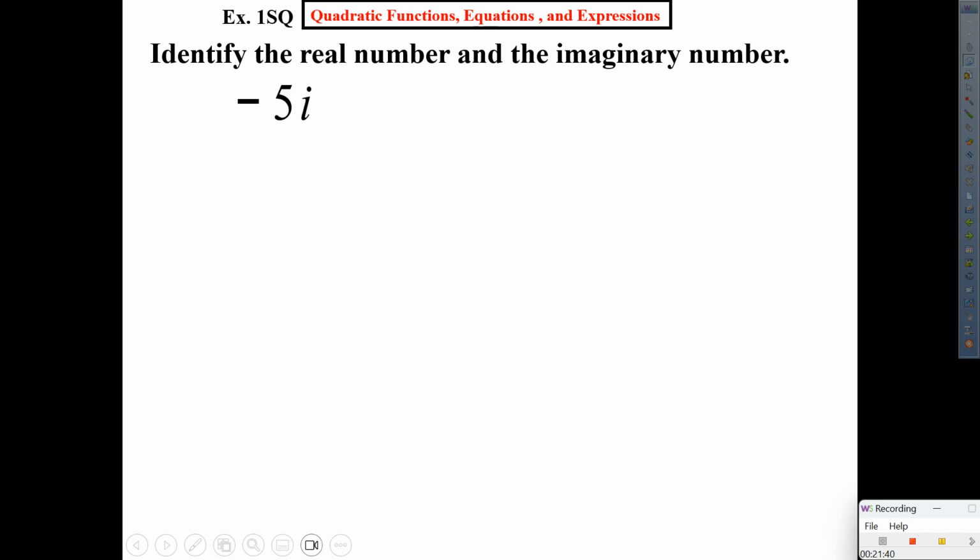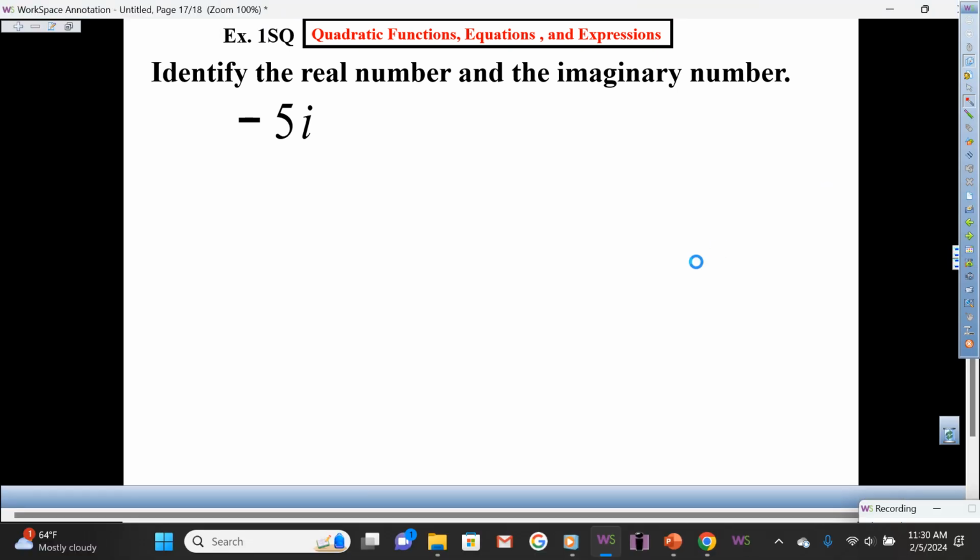Example 1, negative 5i. Identify the real number and identify the imaginary number. Do that on the screen, but also do it on your paper. All right, help us out, please.